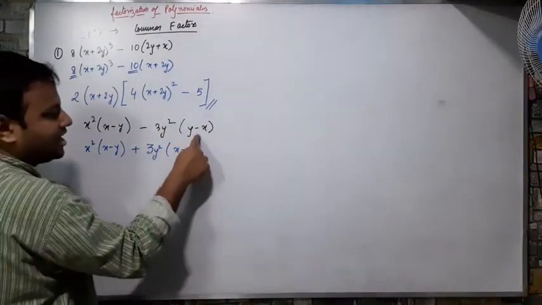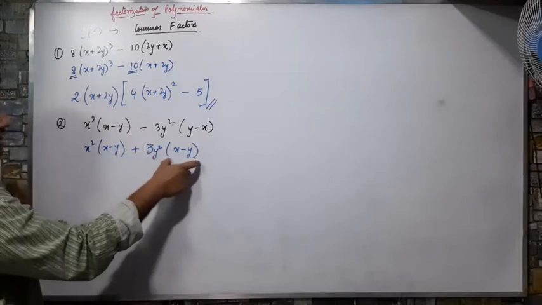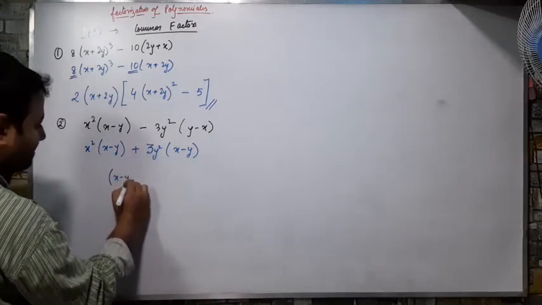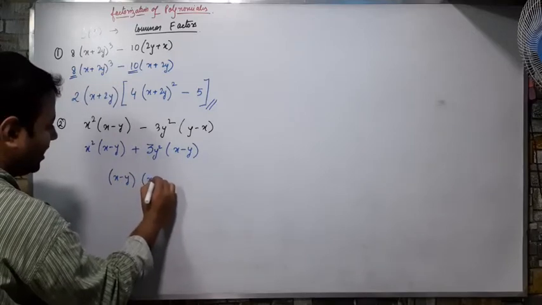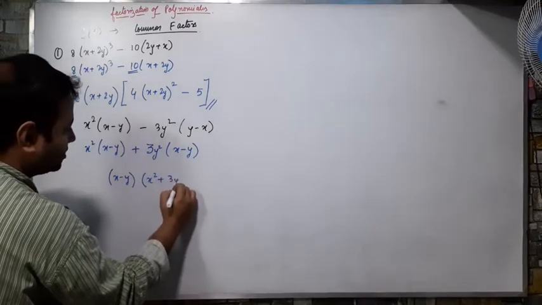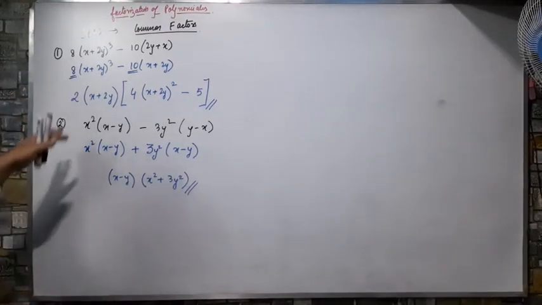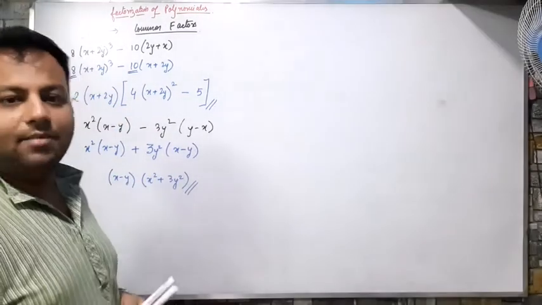So the y minus x sign changes, this also sign changes. So this is x minus y, this is x minus y. I am getting x minus y as common. What is remaining behind? x square plus 3y square. So this is my factorization. So this is how the common part is done.